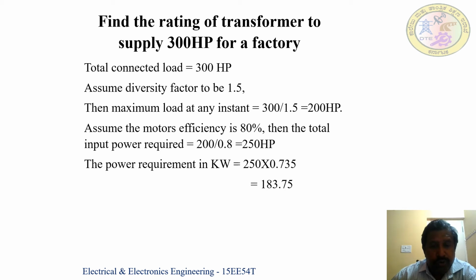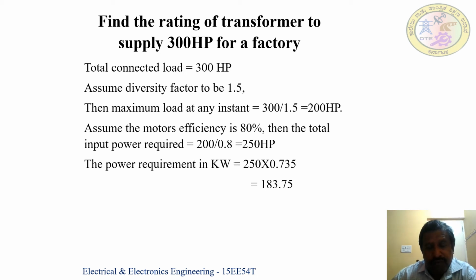So we have to find the total input power required. So for that we have to assume the motor's efficiency. So normal efficiency assumption is 80%. Then the total input power required equals the motor's output divided by the efficiency, which is 200 divided by 0.8.